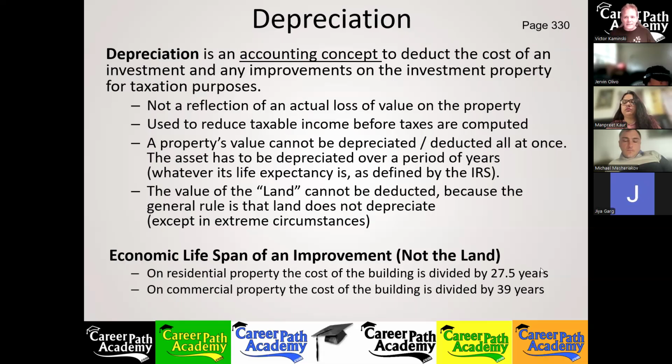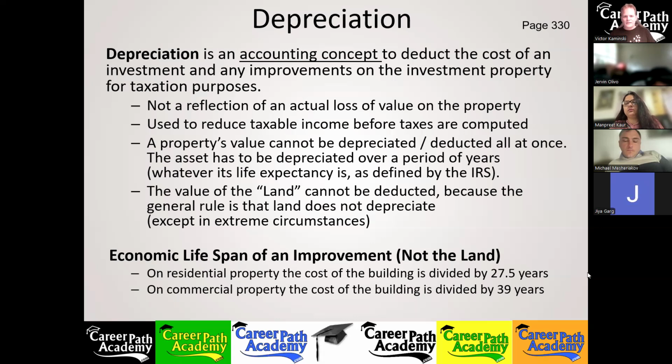You have to calculate what the value of the land is and subtract it from the total real estate value, and then the improvements' value can be deducted on your taxes, not the value of the land, because that will never depreciate.